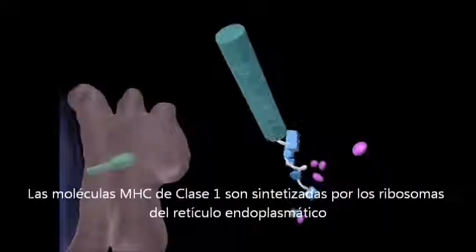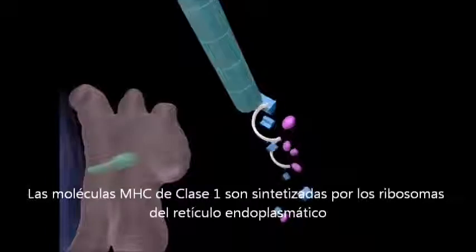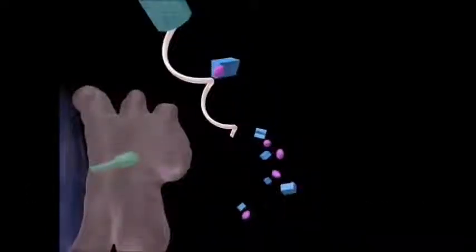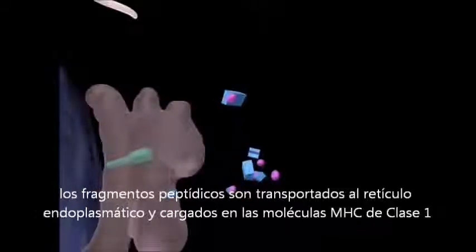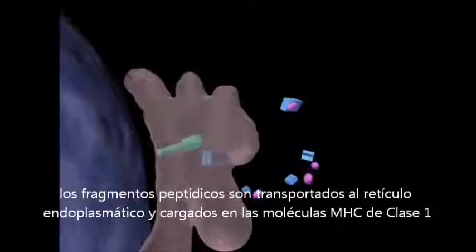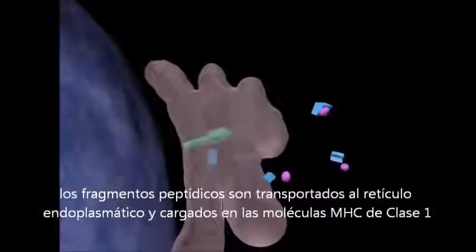MHC class I is synthesized by ribosomes on the endoplasmic reticulum. The peptide fragments are transported to the endoplasmic reticulum and loaded onto MHC class I molecules.